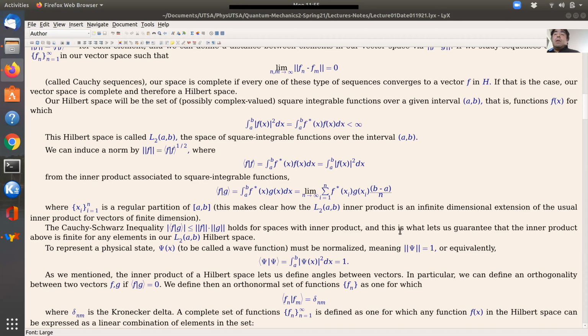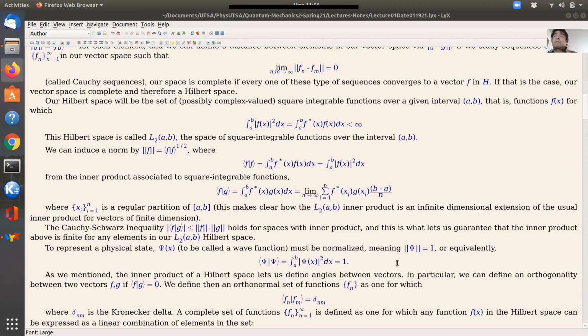And the interesting thing, as we mentioned, is that the inner product in a Hilbert space lets you define angles between vectors. That's why Hilbert spaces are very interesting from the geometrical point of view. What we will be most concerned with in quantum mechanics is the concept of orthogonality.